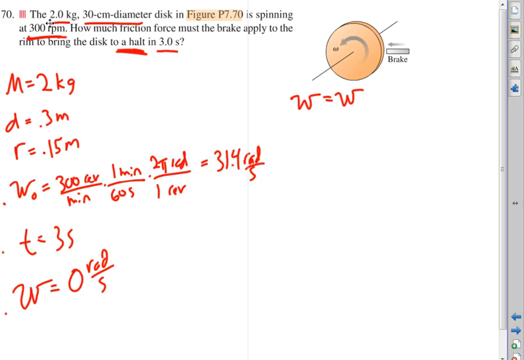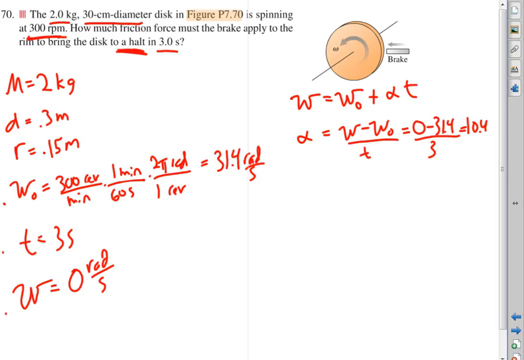Omega, final angular velocity, equals omega naught plus alpha t. We know 3 of those 4 things, so we'll solve for alpha, the angular acceleration, which is in the opposite direction of that omega. When you plug in those numbers, 0 minus 31.4 divided by the time, you end up with approximately 10.47 radians per second squared.